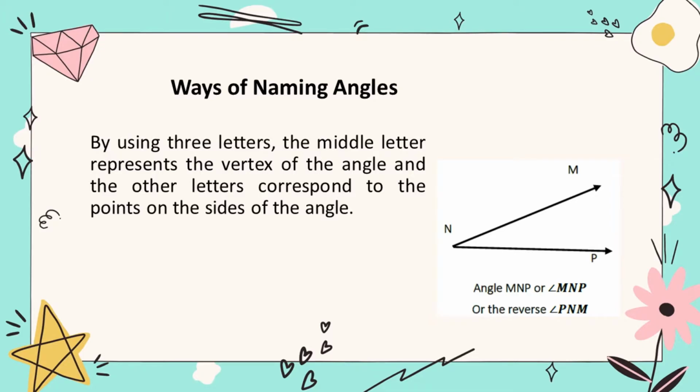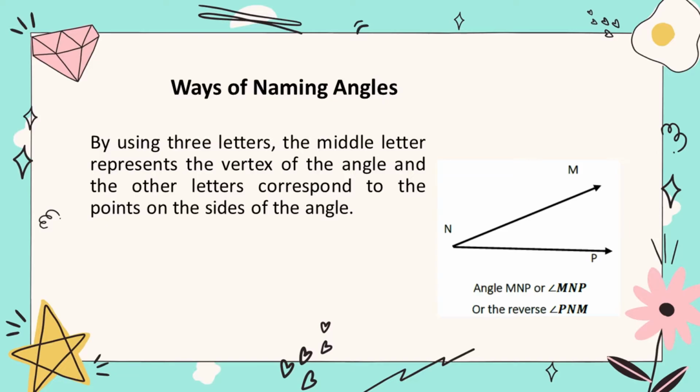The middle letter represents the vertex of the angle and the other letters correspond to the point on the sides of the angle. So, for example, dito sa illustration natin, we have MNP. So, we have angle MNP, or pwede ding angle PNM.